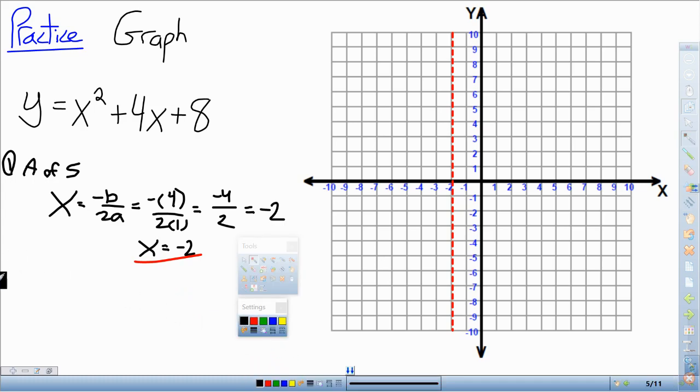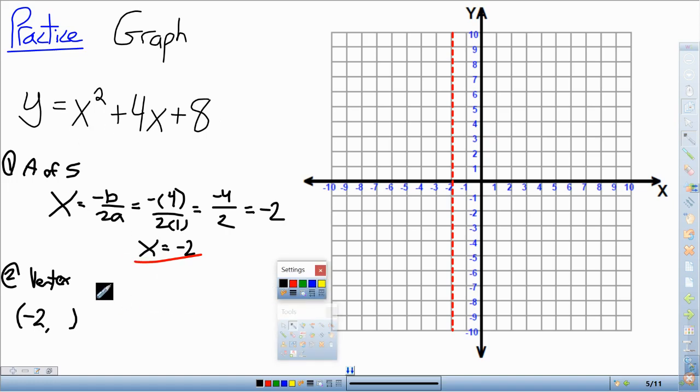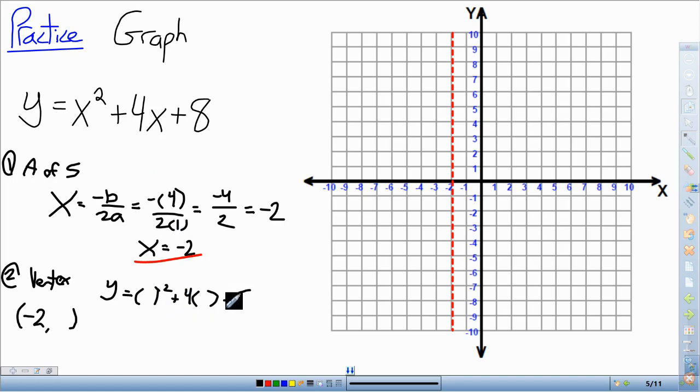Okay, from here, doing the vertex. I have my x value. I need to figure out my y value, plug it into my function here. So y equals x squared plus 4x plus 8. By the way, you don't have to do the parentheses thing like I do.